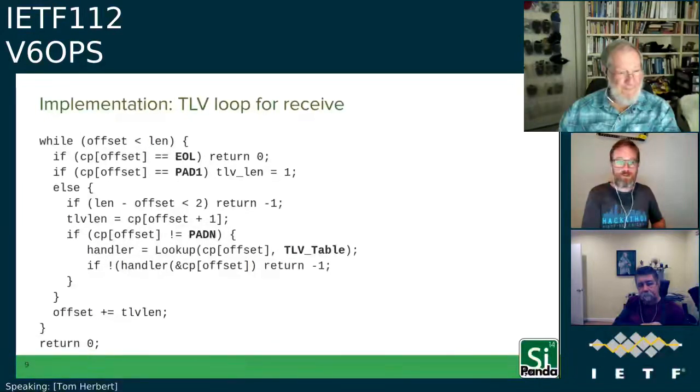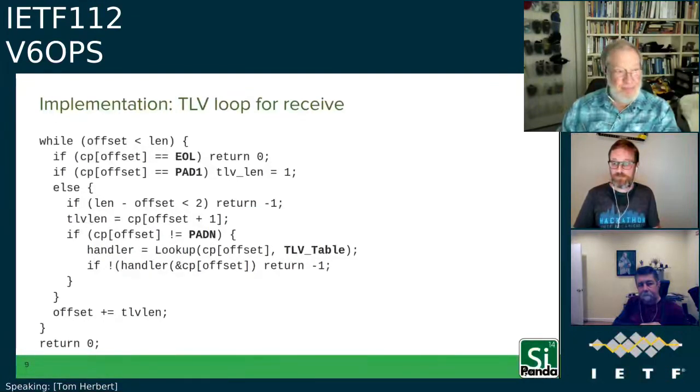I did want to touch on the pragmatics and the implementation. I think there was some discussion previously on this. The way to look at this is that TLVs are inherently a serialized construct, so we have to process them in order.